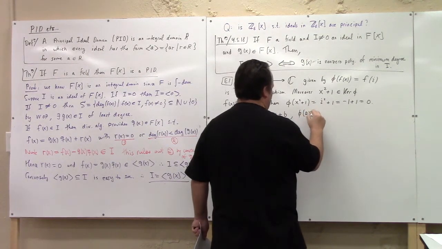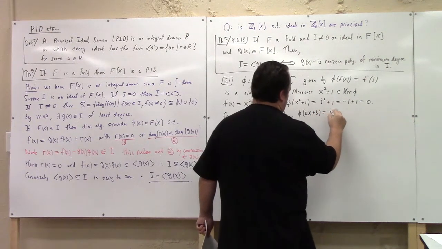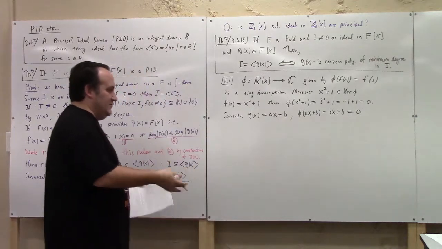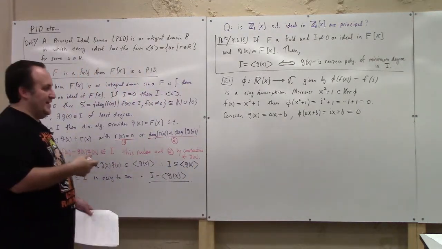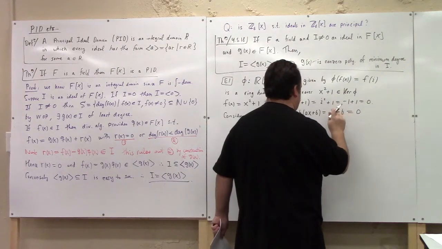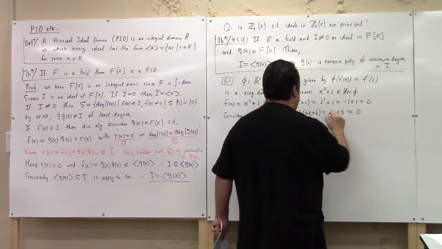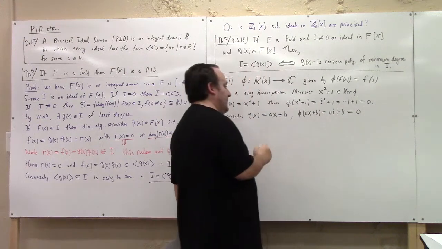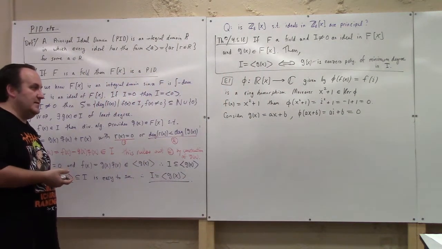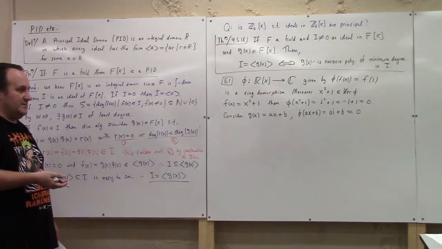So phi of ax plus b would then be ai plus b, right? Set that equal to 0. We put x equal to i. That's what evaluate means. Can that be equal to 0?